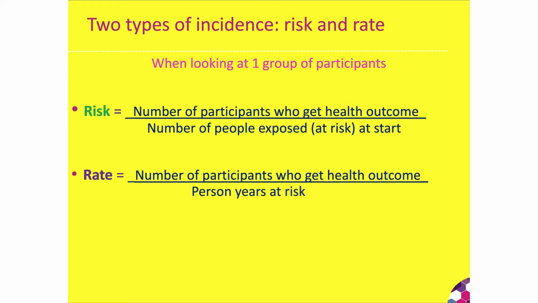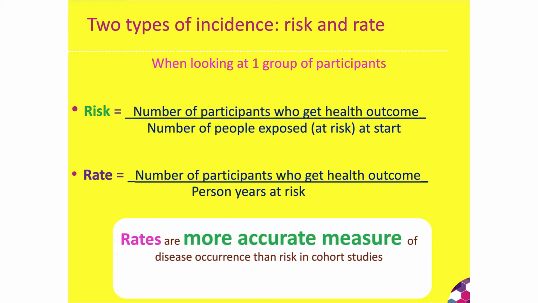Not just the number of people, but the person years at risk. Rates are therefore more accurate when measuring disease occurrence than risk. That's why we identify rates in cohort studies rather than just the risk.